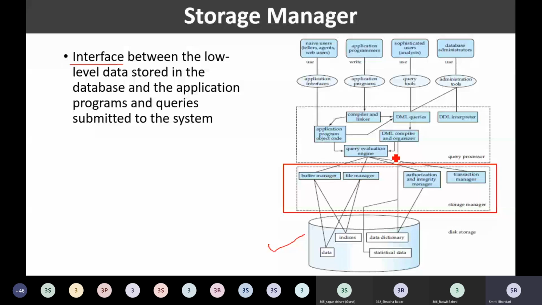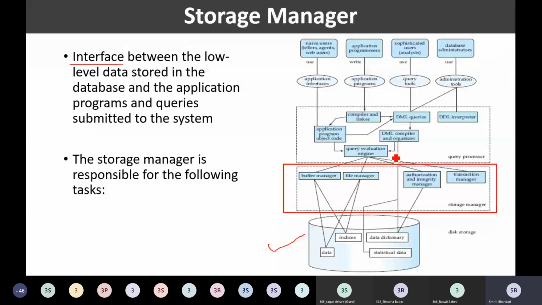Right? Now there are two important responsibilities associated with this storage manager. What are those two? The storage manager is responsible for interaction with the file manager. You may look here, there is a component, the file manager.